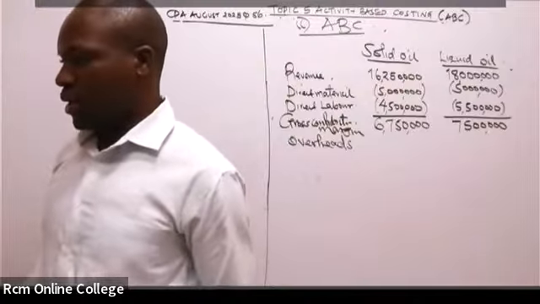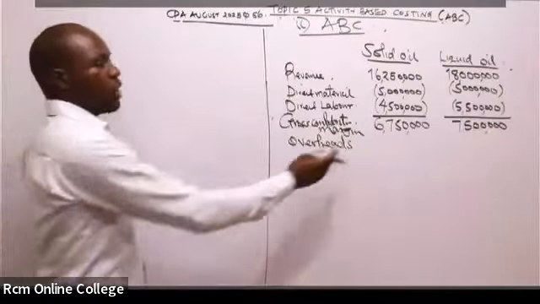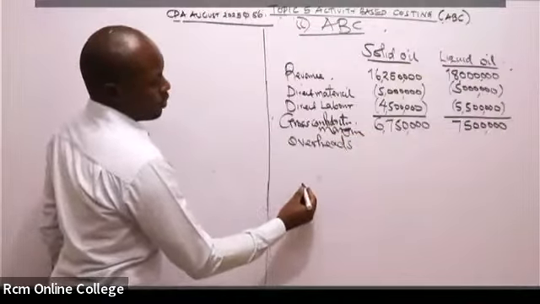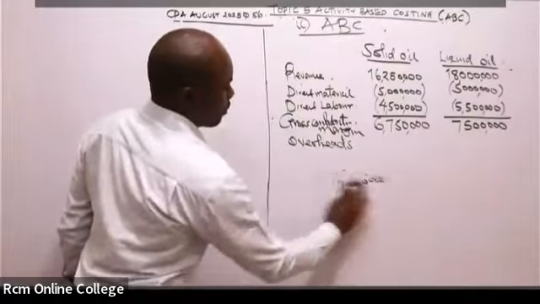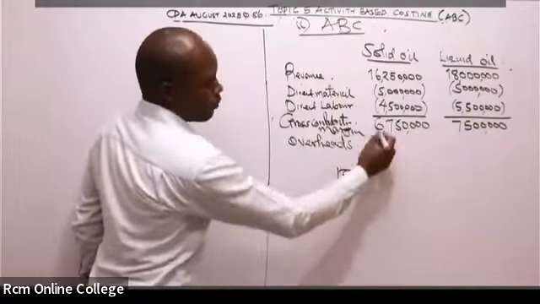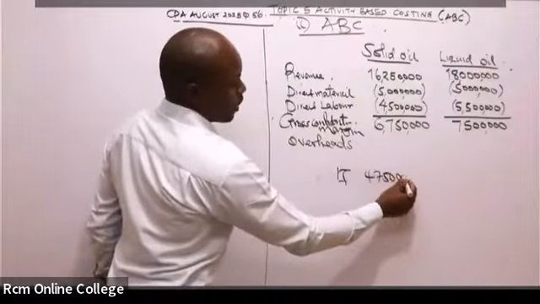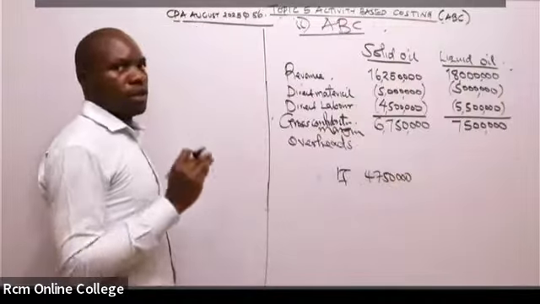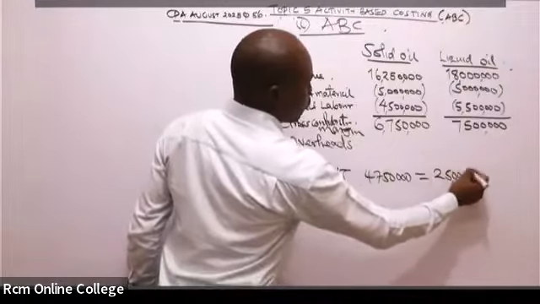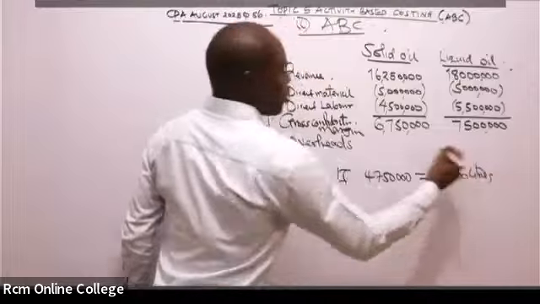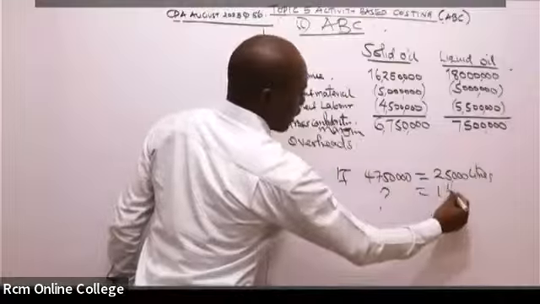Why 190? Really? Let me start with the profit. If we've deducted 2 million, that gives us 4,750,000 as the profit. If 4,750,000 net profit is for 25,000 liters, what is the profit per liter?